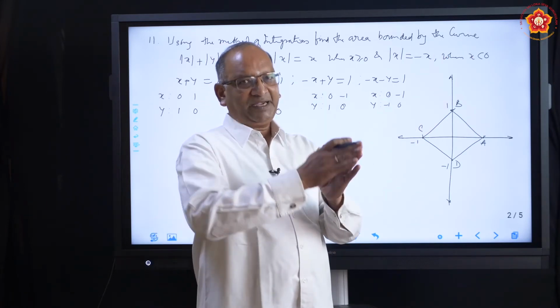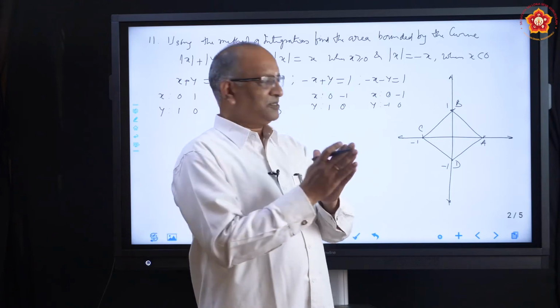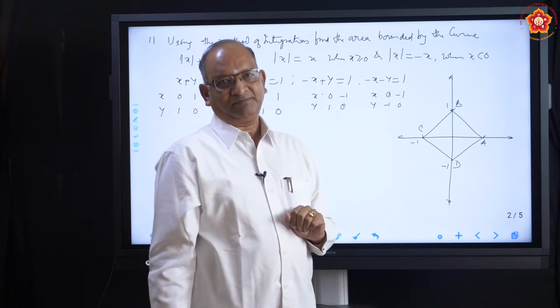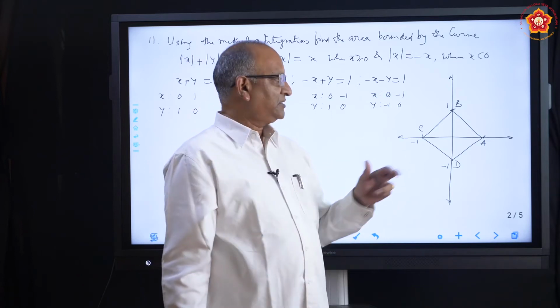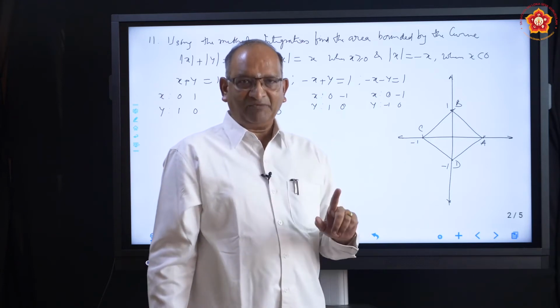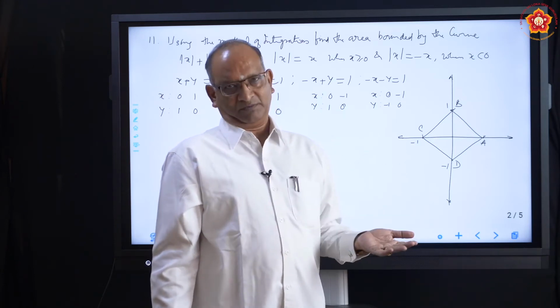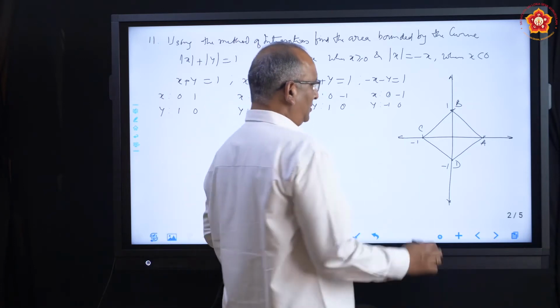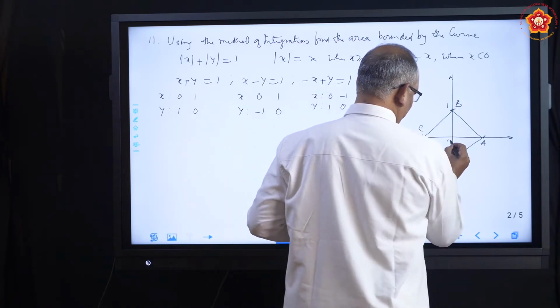It is also symmetric with respect to the y-axis, because however it is on the right side, similarly on the left side. So instead of calculating all 4 parts, we calculate only one part and multiply by 4. Because it is area, we only have to take the positive value. Let us say this is O.